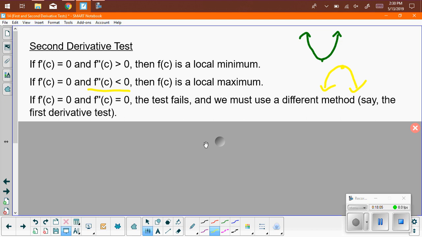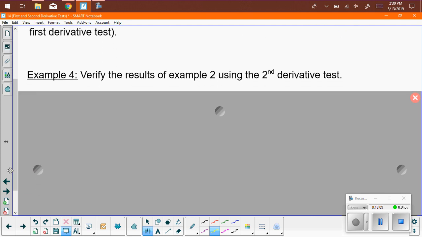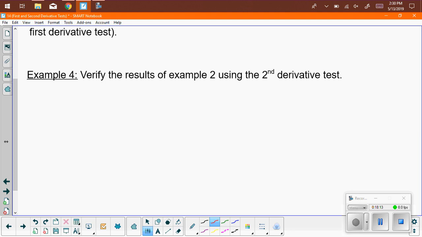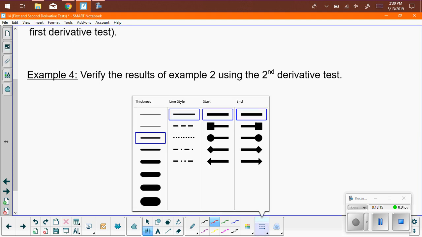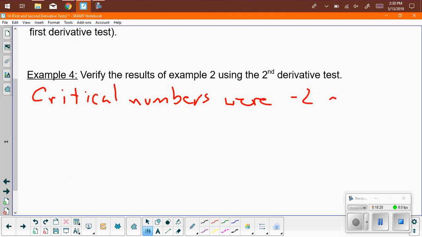So let's test that out. We're going to verify the results of example 2 using the second derivative test. From example 2, our critical numbers were -2 and 2.